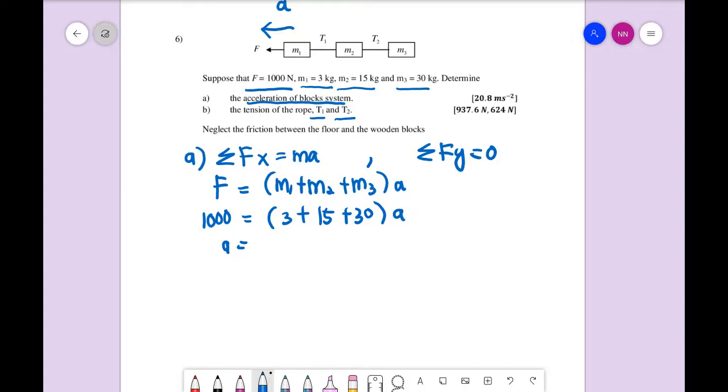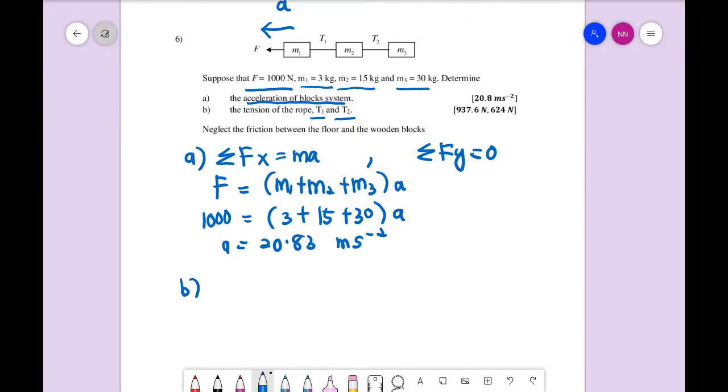So acceleration A is 1000 divided by 3 plus 15 plus 30 equals 20.83 meter per second squared.